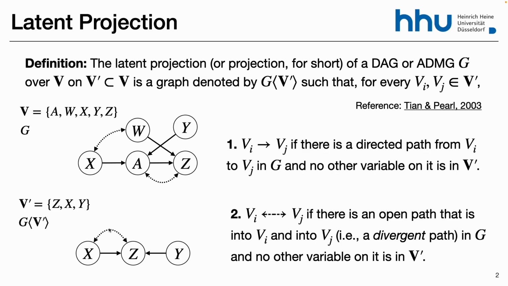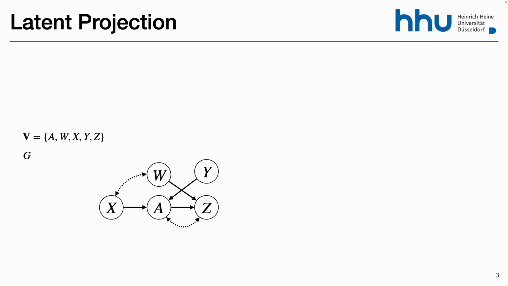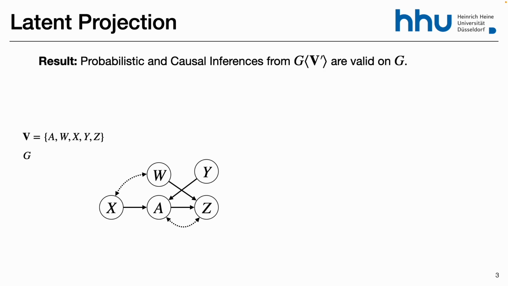What about x and y? There's no edge going into y, so we know that it can't be. Exactly. So there's nothing between x and y. What about y and z? Same reason. There's no edge into y, so there's nothing. So this is done.